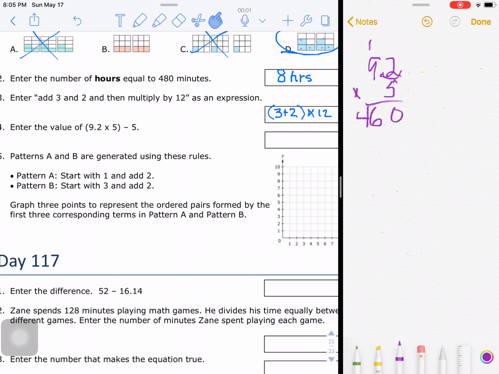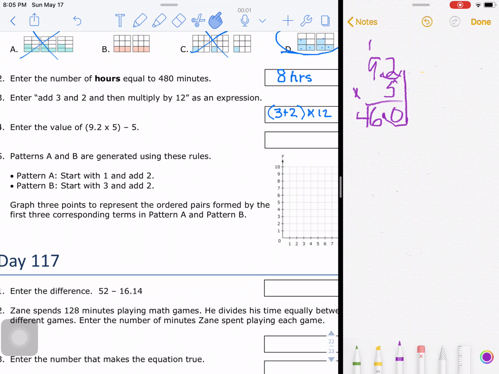And I have tenths, so this is 460 tenths, which is equal to 46. Okay, and that makes sense because I know 9 times 5 is 45, and 10 times 5 is 50. So when I multiply that, my answer is going to be between 45 and 50.